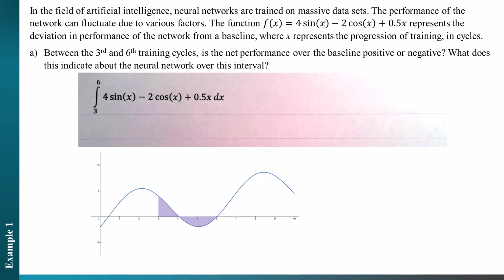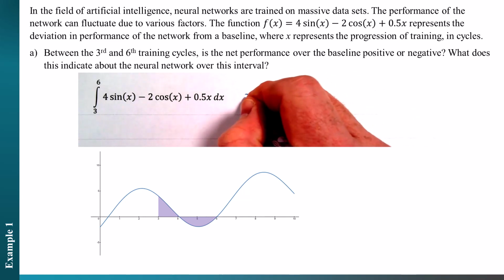The net performance over the interval from the third to the sixth training cycles is given by the definite integral from 3 to 6 of 4 sine x minus 2 times cosine x plus 0.5x dx. Now I'm going to use a little bit of new notation here, but I'm not really changing the process. What we know is that we need to find an antiderivative, so I'm just going to go ahead and start writing that down.